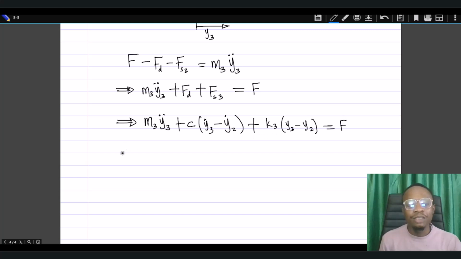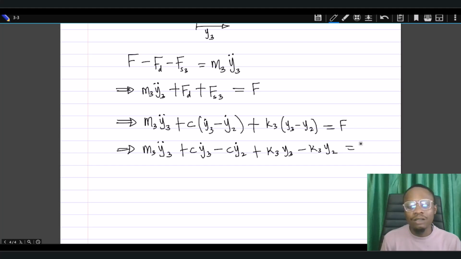And from here, we can tidy this up and say we have m3 y3 double dot, plus c y3 dot, minus c y2 dot, plus k3 y3 minus k3 y2, and all of this will be equal to F. That is it for this equation, so we can call this equation c.